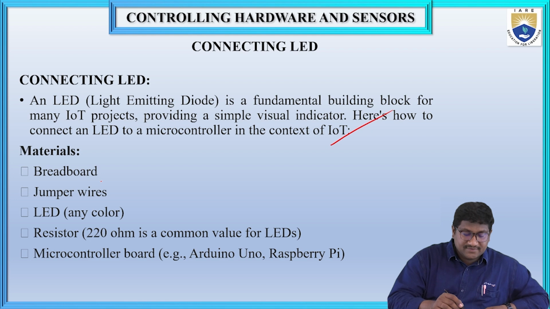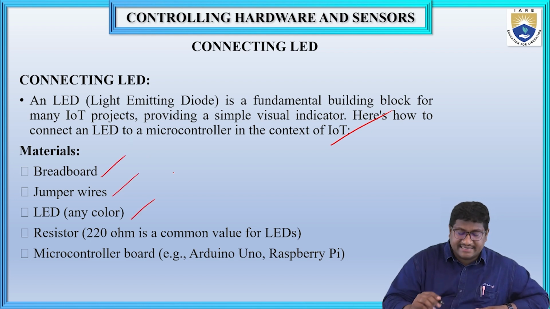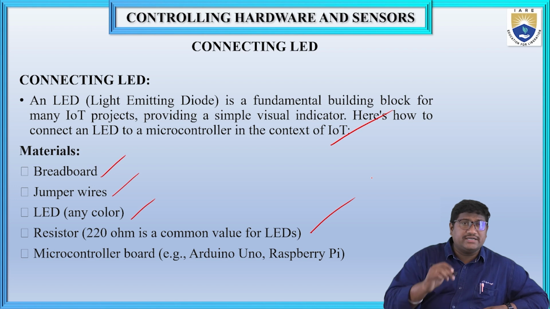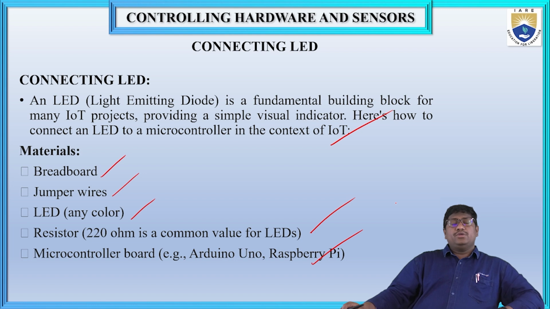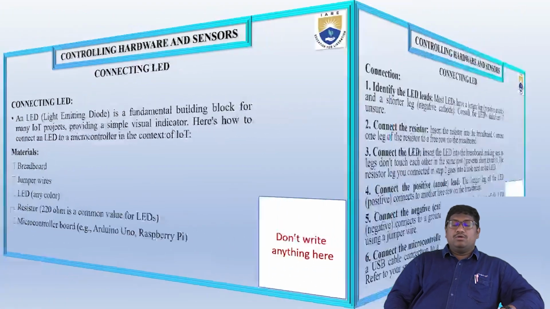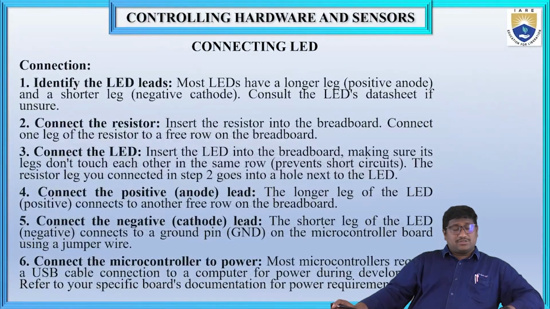Now we'll see. The materials required: breadboard, jumpers, an LED (you can take any color), a 220 ohm resistor, which is a common value for an LED, and a microcontroller board like Arduino Uno or Raspberry Pi kit. We require these materials to connect an LED, right? Now have a look at how the connections have to be made.